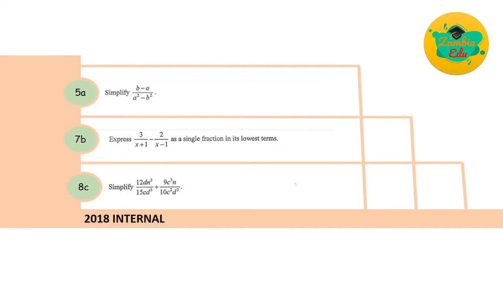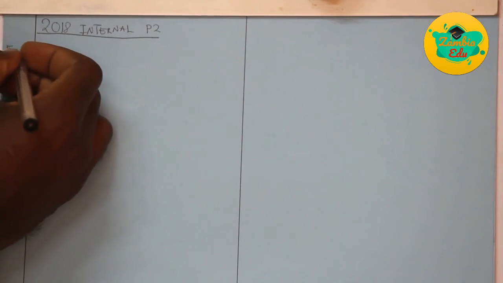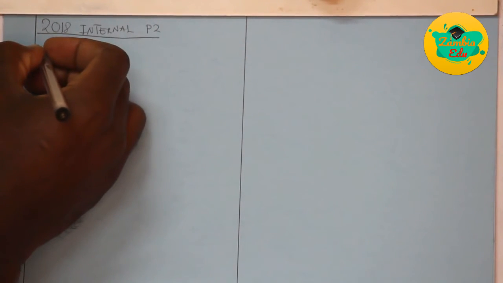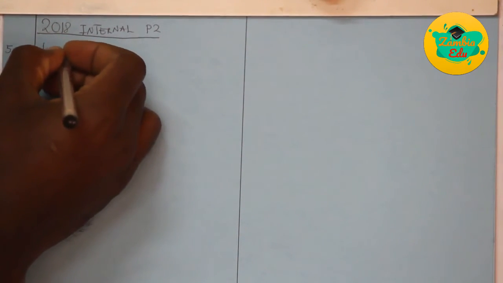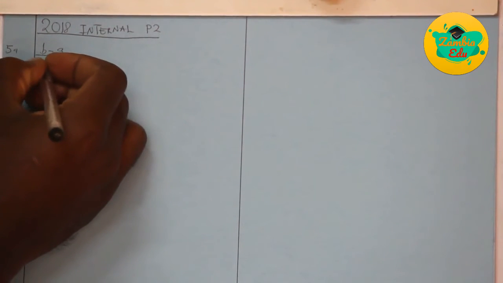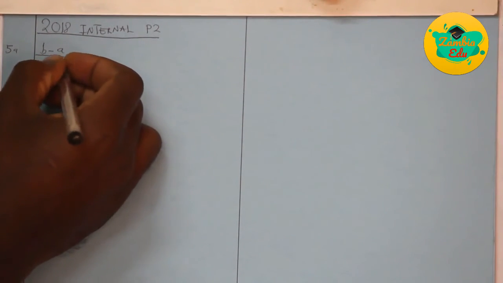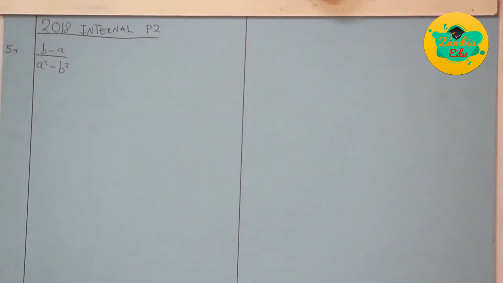The first algebraic question came as question number 5A, and it reads: simplify b minus a over a squared minus b squared. So let's dive into this one. It was question 5A, and it's b minus a over a squared minus b squared.